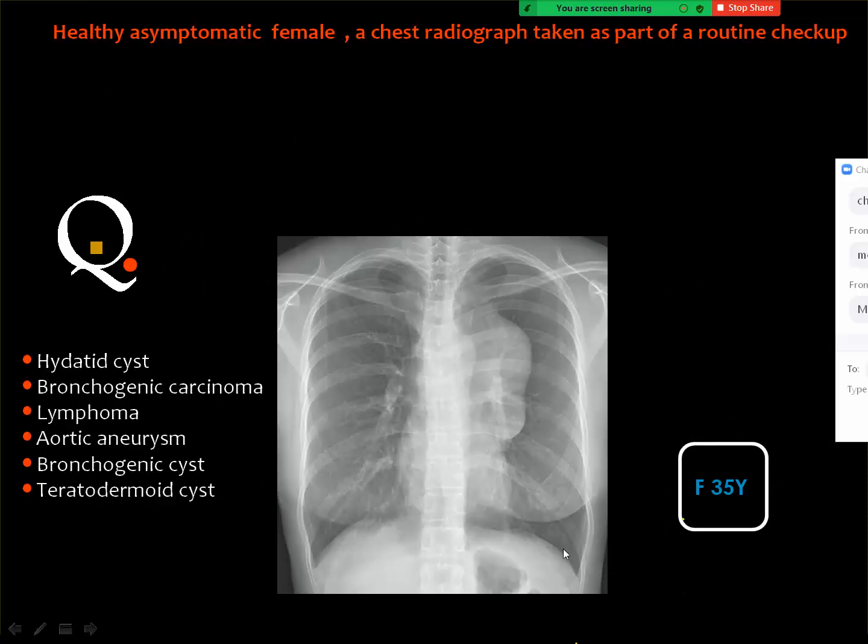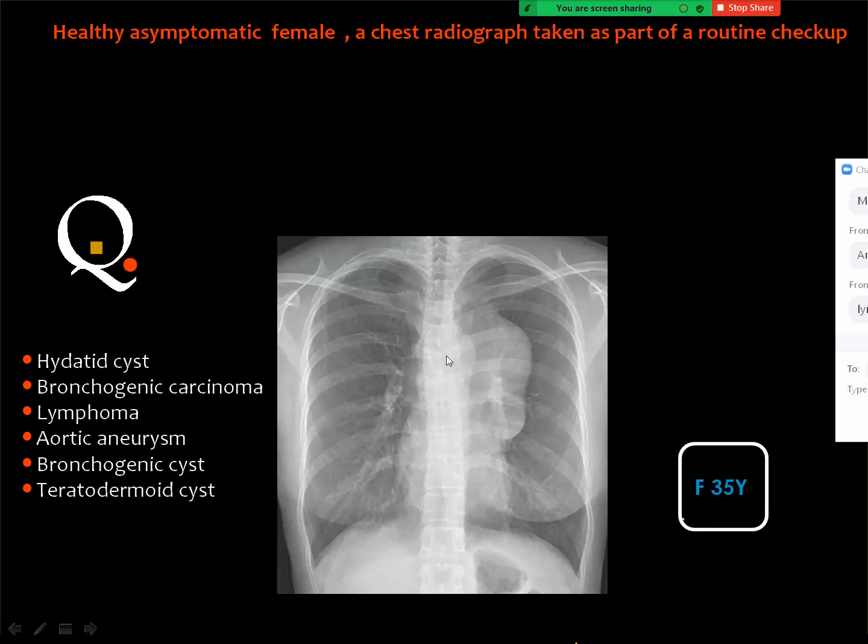Then, this patient is a healthy asymptomatic female with a chest radiograph taken as a part of a routine checkup. Then you got a lesion here, and these are the possibilities. Hydatid, bronchogenic, lymphoma, aortic aneurysm, bronchogenic cyst, teratodermoid cyst.